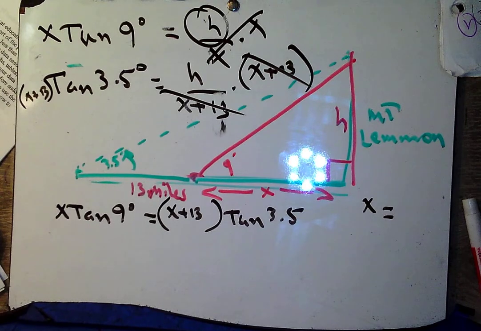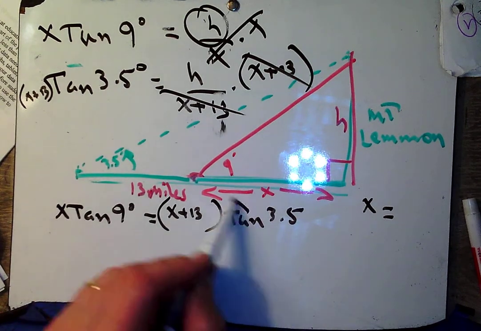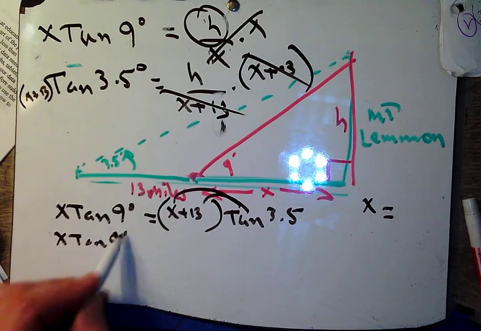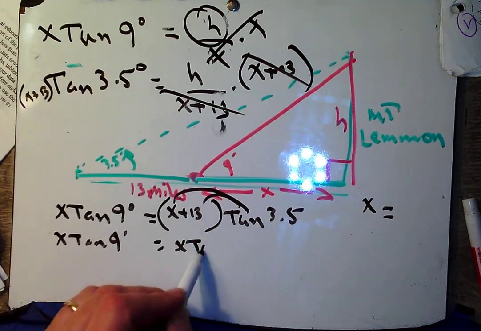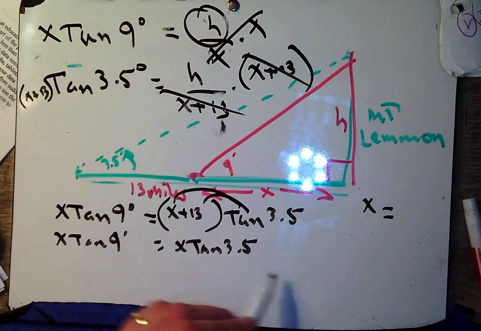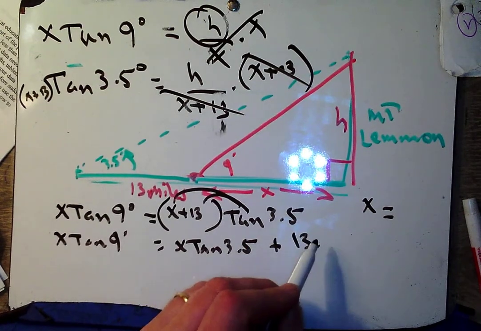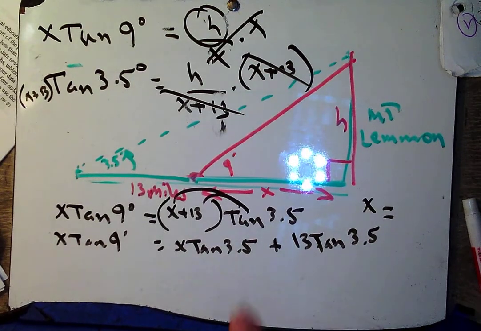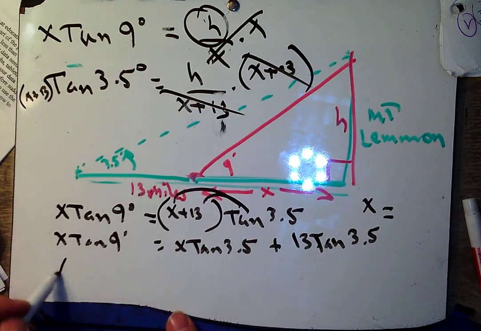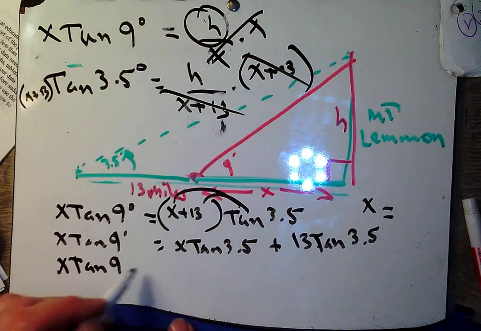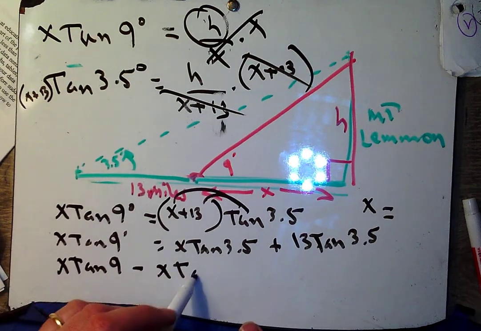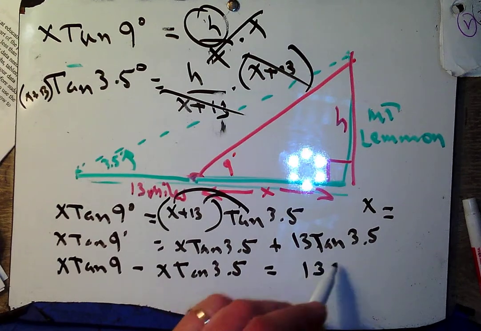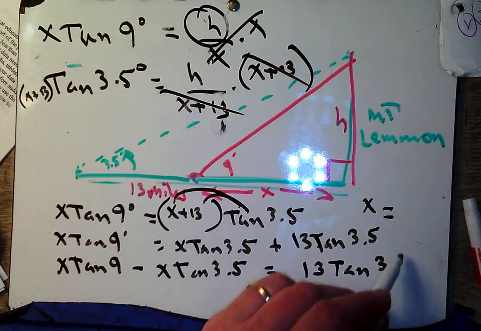So how are we going to do that? Well, I'm going to distribute and have x tan 9 equals x tan 3.5 plus 13 tan 3.5. Get all the x stuff on one side. X tangent 9 minus x tangent 3.5 equals 13 tangent 3.5.